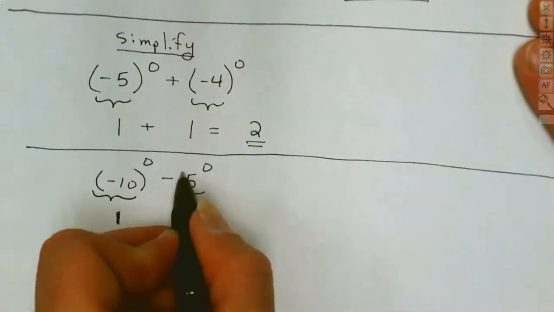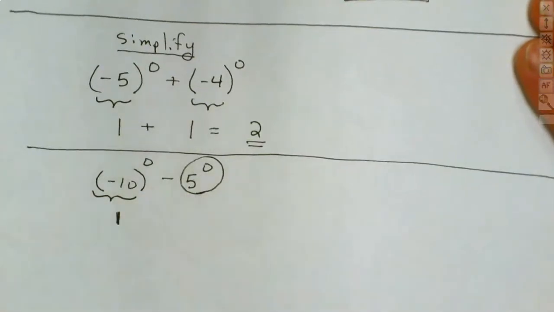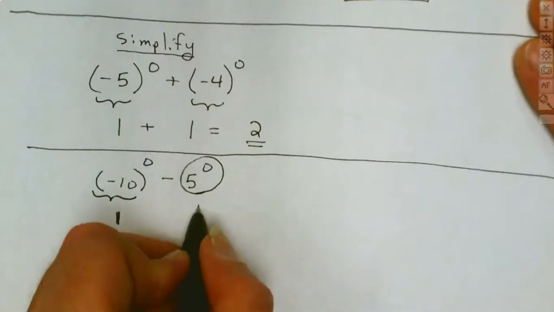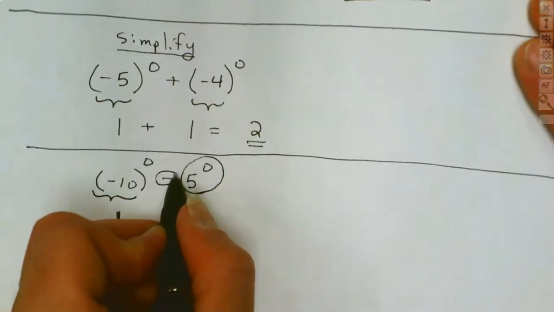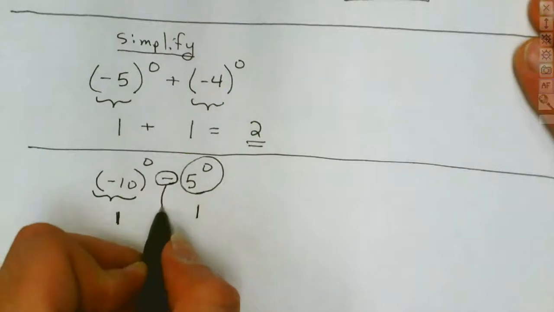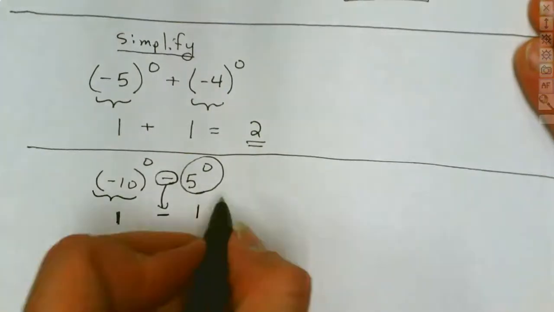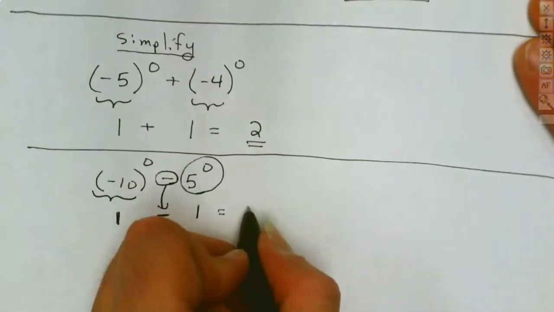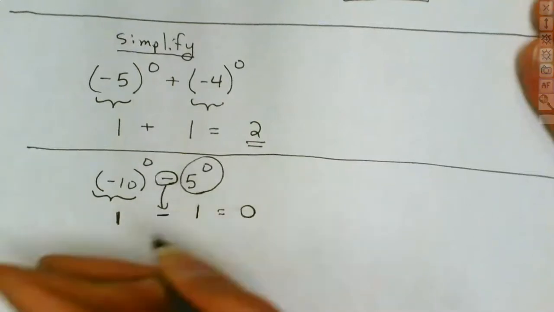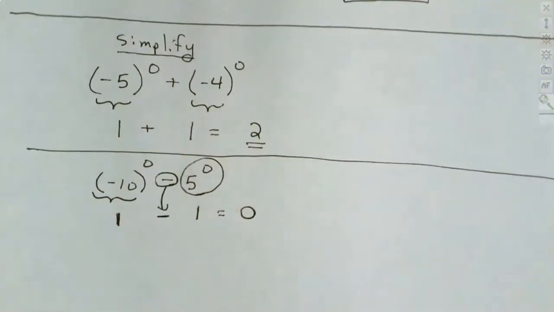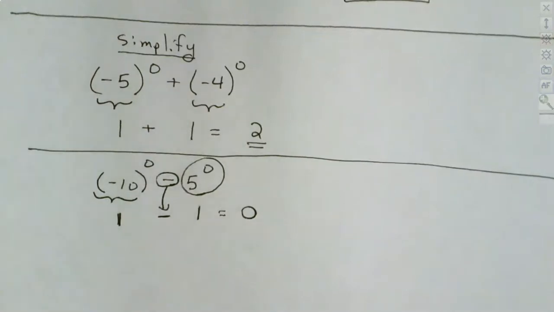Okay, this piece right here, what is it? 5 to the 0 power is 1, but there's no parentheses, so what happens with the negative? Negative drops down. And 1 minus 1 makes it 0. So you see the difference there. You've got to be careful with those parentheses. Again, there are a couple of homework questions like that. I think question 3 is just like what we did up here. And for question 4, you just have to remember that negative is out in front.